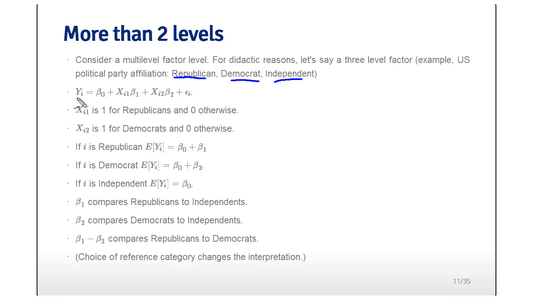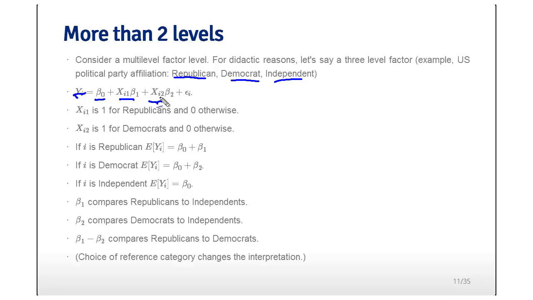So imagine a model now where yi is beta naught plus beta 1 times xi1, an indicator that's 1 if you're a Republican and 0 if you're not, so if you're a Democrat or an Independent, and we're assuming everyone in this data set falls under one of these 3 categories, plus beta 2 times xi2, which is 1 for Democrats and 0 otherwise.